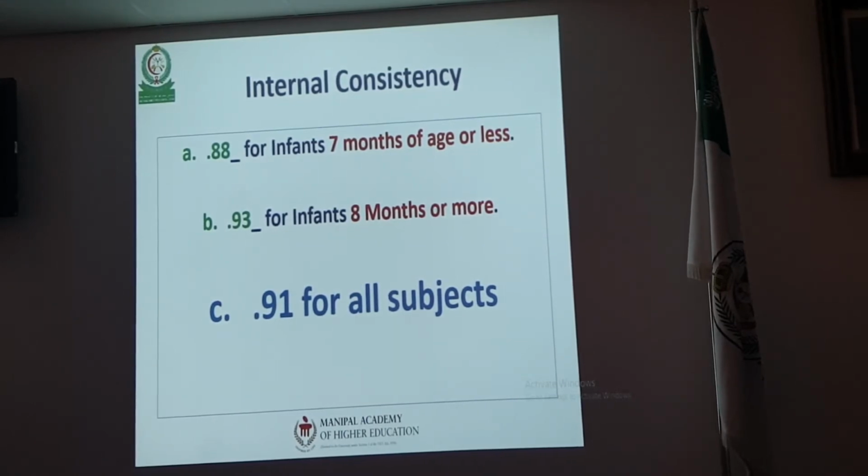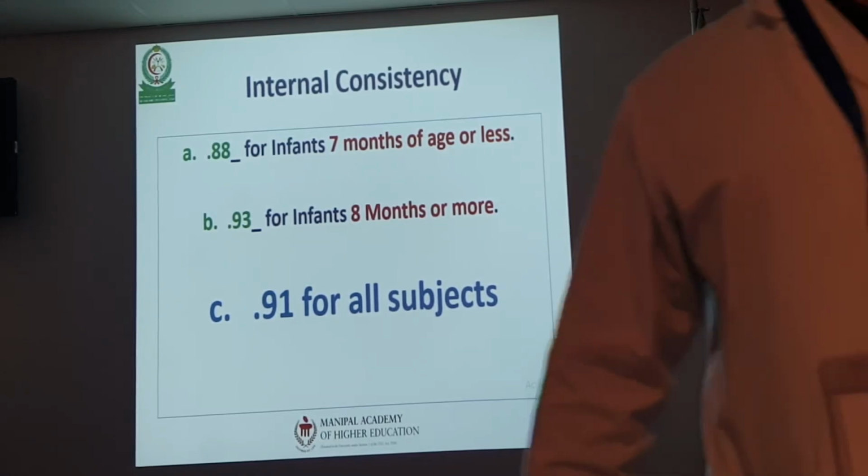And overall, it is 0.91. That is 91%. That means internal consistency of all the items included in this scale is very high. Any psychometric evaluation tool having internal consistency of more than 70% is considered highly trustworthy.